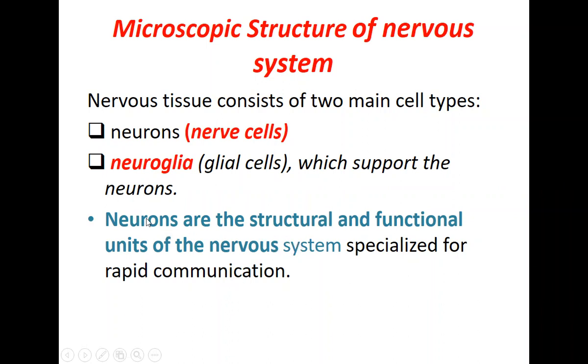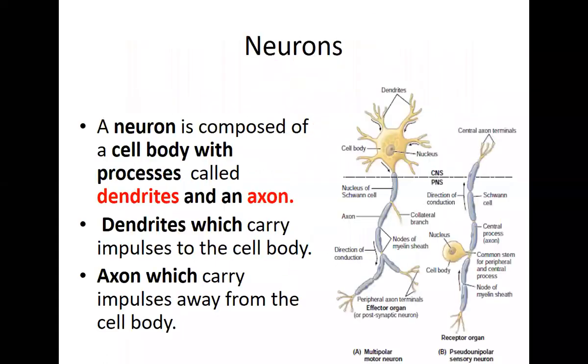So neurons, the nerve cells, are the structural and functional unit of the nervous system. Specialized for rapid communication, which helps in very fast communication from one part of the body to the other part. So the nerves will send the signals, communicate through the signals very fast.